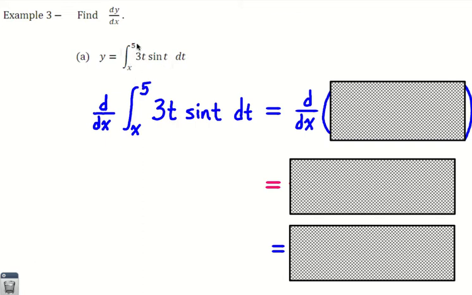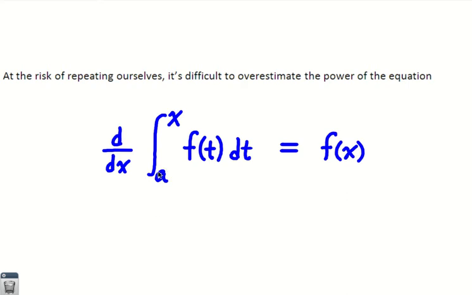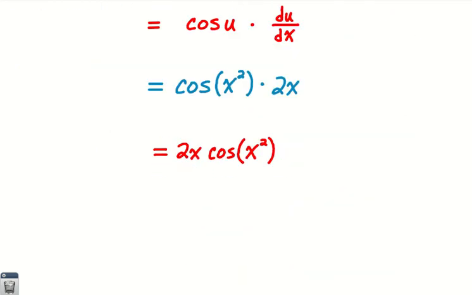Taking the derivative of this integral. Did you notice that we're not going from 5 to x? We're going from x to 5. Now remember, the fundamental theorem has some number as the lower limit and x as the upper limit.